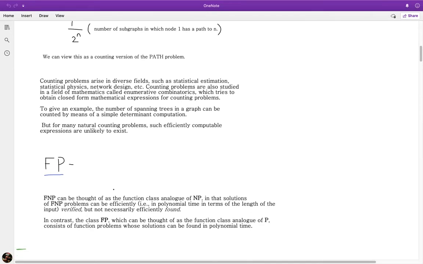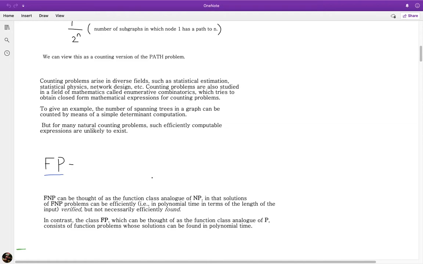Now let's see. As we have discussed a little while before, counting problems arise in diverse fields such as statistical estimation, statistical physics, and network design, and counting problems are also studied in a field of mathematics called enumerative combinatorics, right?